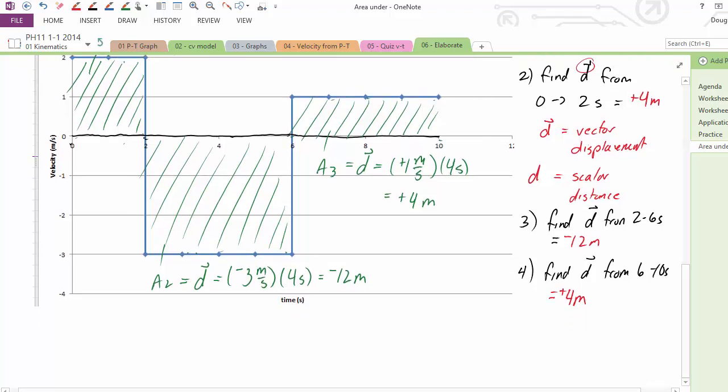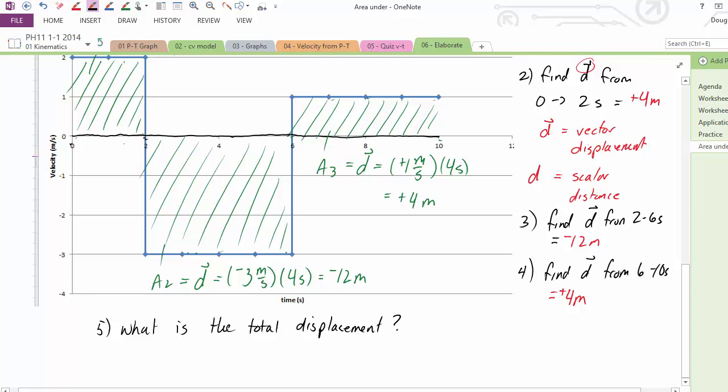So I guess the next question someone might ask is, well, what's the total displacement? In this case, we just add up the displacements from each time.